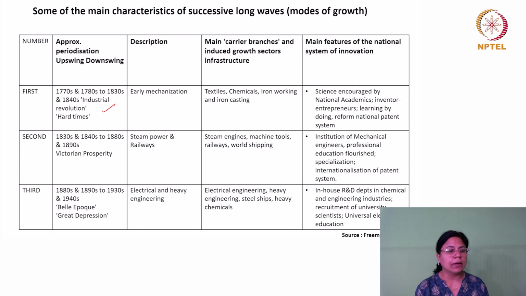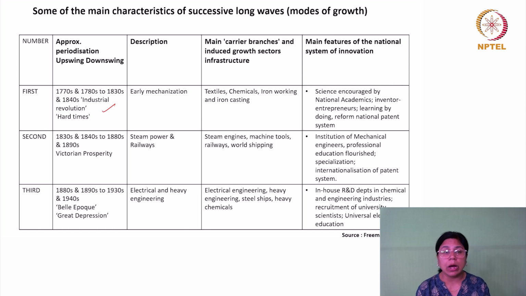The third one, again, is from the 1890s to 1930. It later ended with the Great Depression, sorry. And there you have seen the main technologies being electrical and heavy engineering, steel shapes, and heavy chemicals.